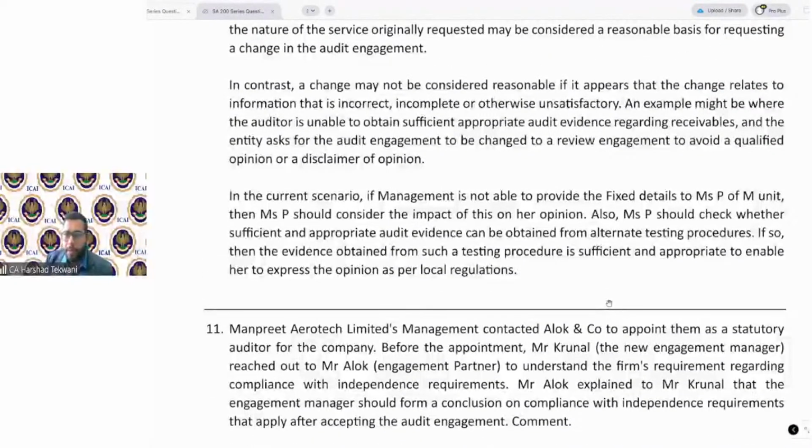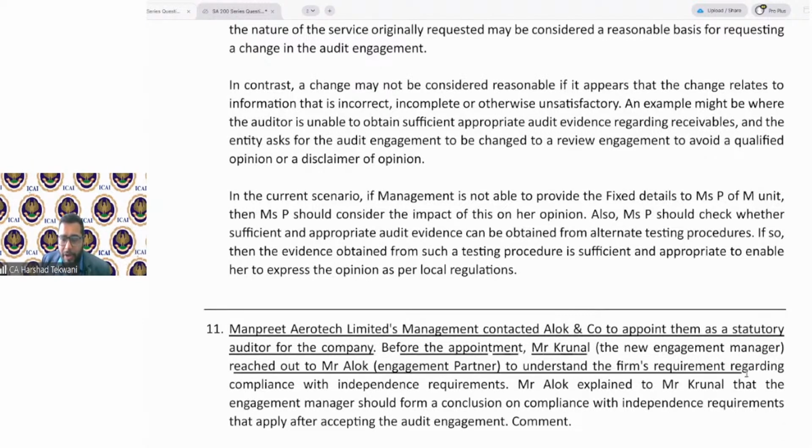The question is that Manpreet Aerotech Limited management contacted Ashok and Company to appoint them as statutory auditor for the company. Before the appointment, Mr. Krunal, the new engagement manager, reached out to Mr. Alok, engagement partner, to understand the firm's requirement regarding compliance with independence requirement.